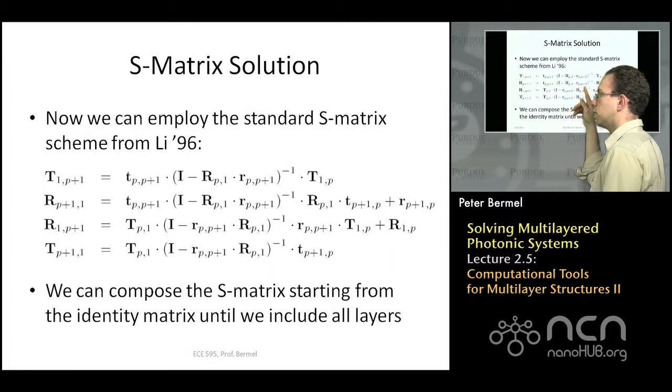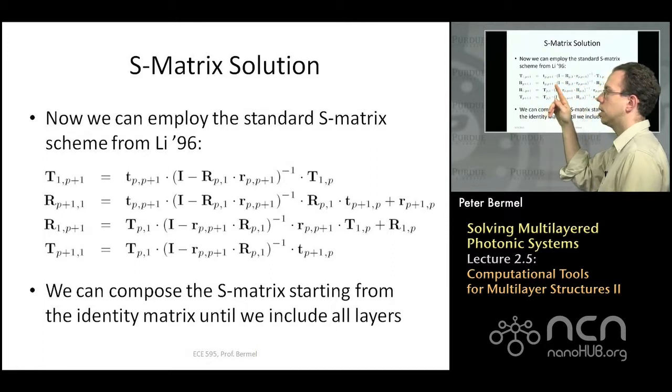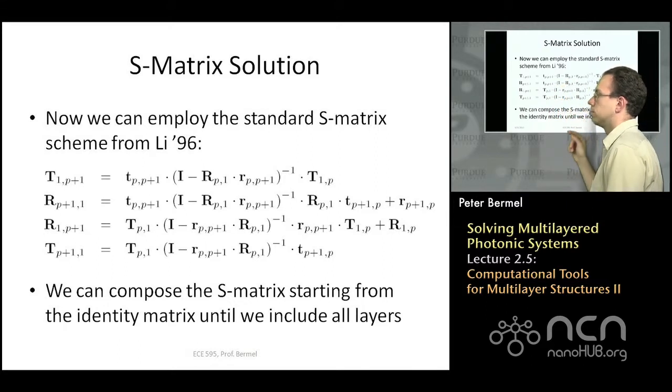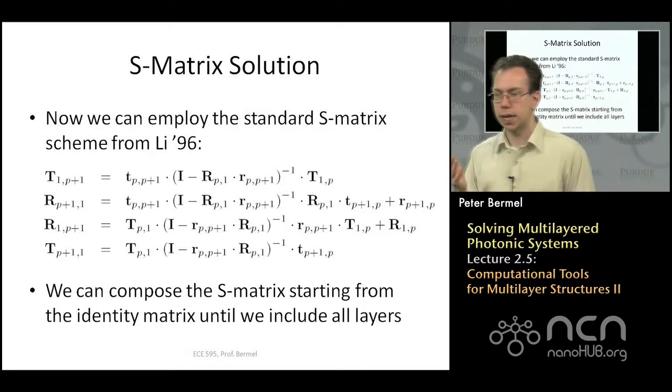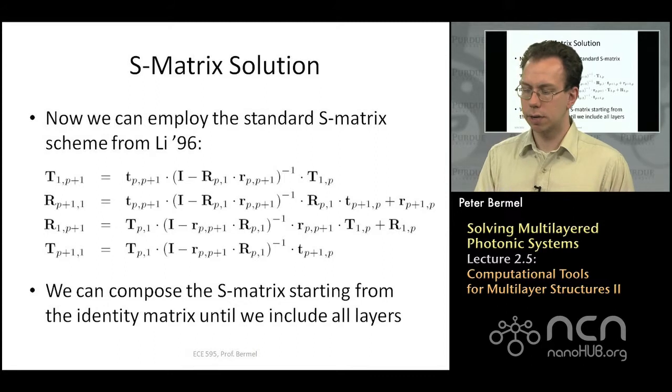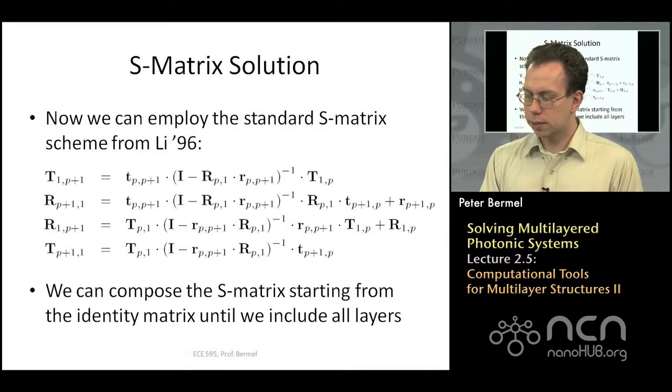So these Rp, P plus 1, and Tp, P plus 1 terms are combined together in the fashion presented here. And as you can see, this ends up taking the inverse of 1 minus this reflection coefficient at that new interface times the overall reflection coefficient you had before.